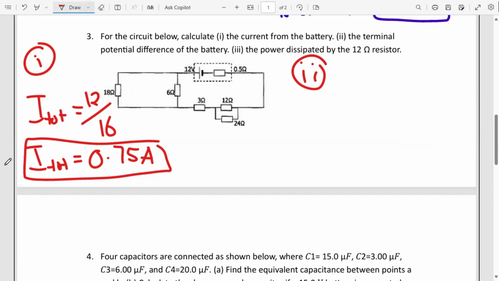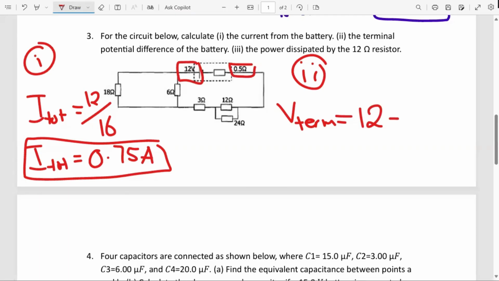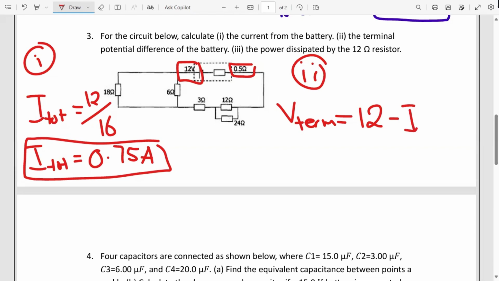So the terminal voltage will be equal to the total voltage supplied by the battery, which is the 12 volts, minus the voltage that is lost due to the internal resistor. And this lost voltage will be equal to the current multiplied by the magnitude of the internal resistor, which is 0.5 ohms.